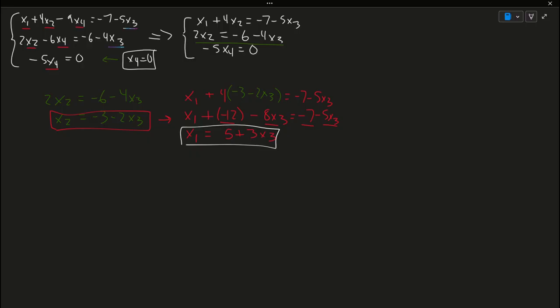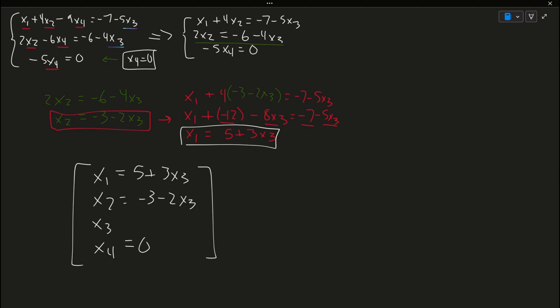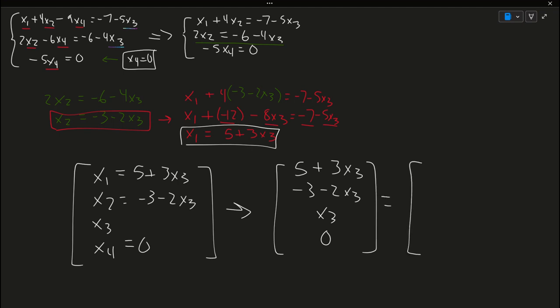Now that we've solved all of the basic variables in terms of the free variables, we can put it into a new matrix, as you can see right here. We can split this big matrix into two small matrices, one being the constant matrix full of the constants, and the other one being the coefficients that x3 is multiplied by in each row.